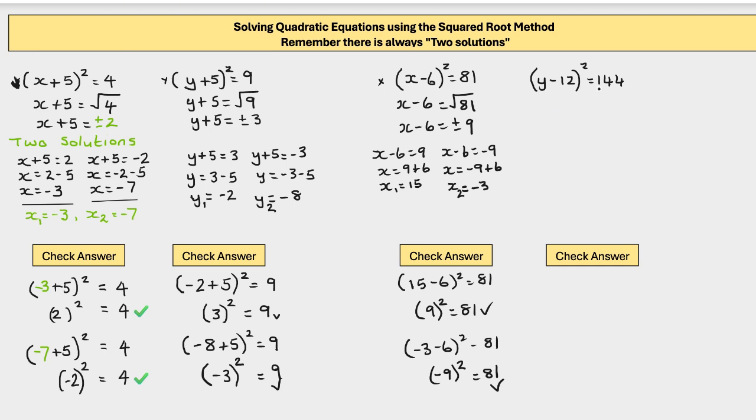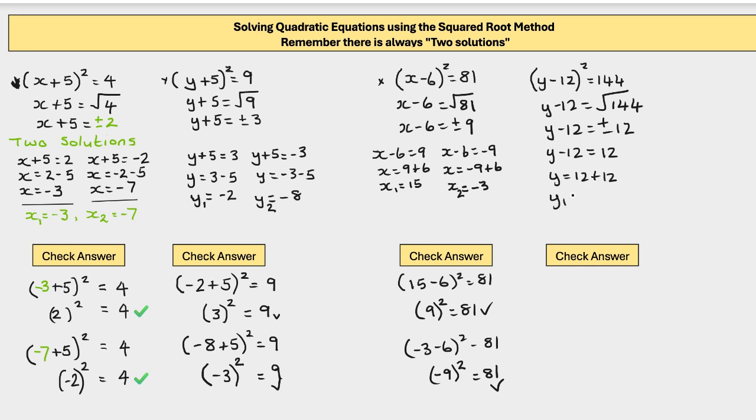Next one, same again, square root the 144. So we're going to go y - 12 equals the square root of 144. You should all know this. The square root of 144 is 12 because 12 times 12 is 144. Plus or minus 12. So let's sort out our two solutions. y - 12 equals, let's do the plus part, which is 12. y = 12 + 12, which equals 24.